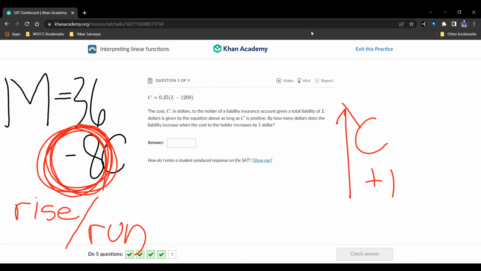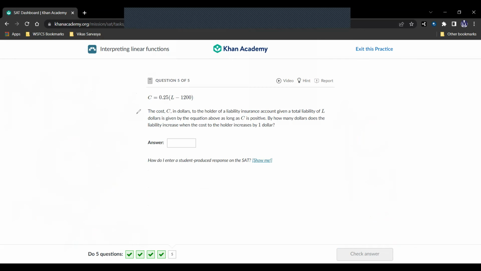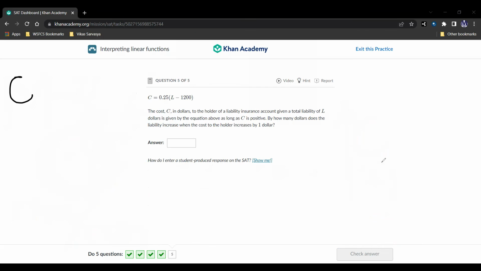Here it is. C equals 0.25L minus 1200. So we can write this as C equals 1/4 L minus 300. And we are told that the cost C in dollars to the holder of a liability insurance account with a total liability of L dollars is given by the equation above as long as C is positive.